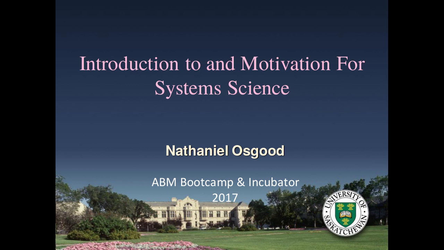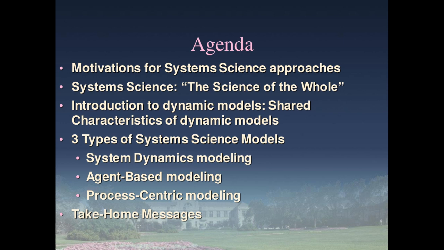I'm not going to have a chance to give all the slides here, but I will emphasize a few key points throughout this. So I'm going to try to provide a brief motivation for why we apply these techniques, and use that motivation to introduce this notion of system science and complexity science, the science of the whole, as we say. We're dealing with systems where the whole is greater than the sum of the parts. They can't be merely reduced, in a straightforward way, to those pieces.